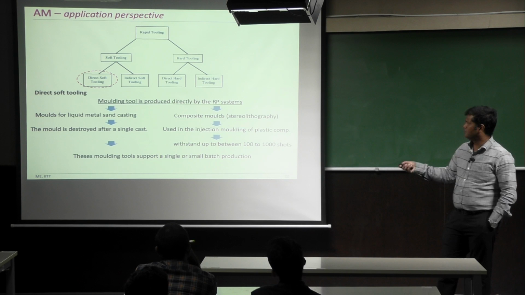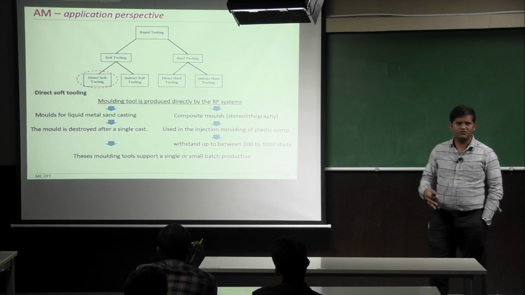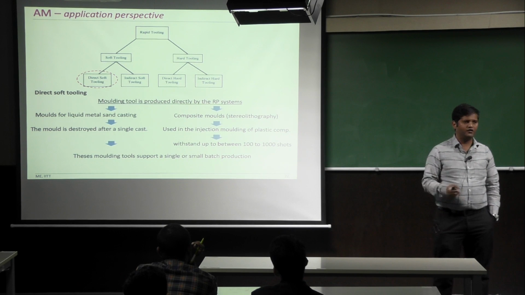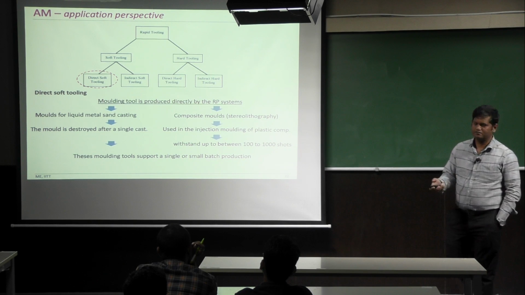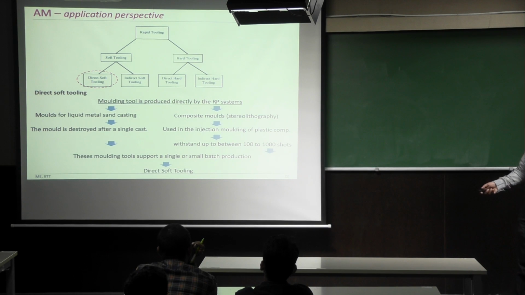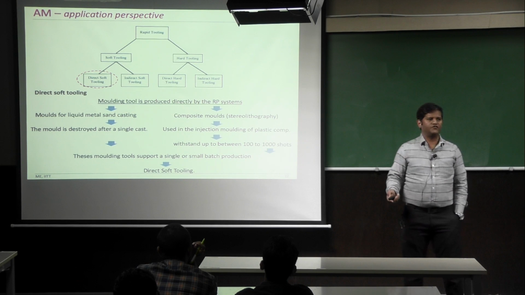Here, we can use this set of composite molds to manufacture 100 to 1000 components, depending upon the material we are using. So these are two important examples under direct soft tooling.